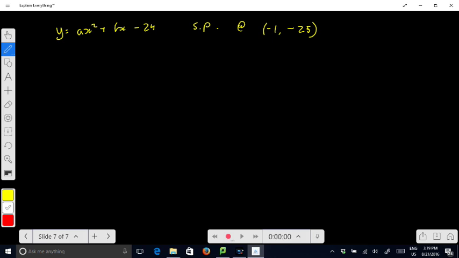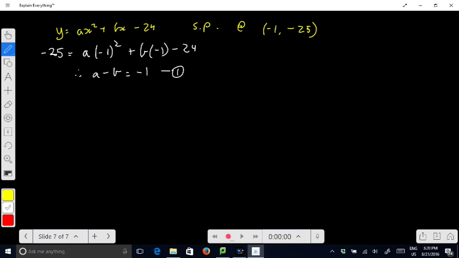So we can say -25 equals a times (-1)² plus b times -1, take 24. If I rearrange it and solve it a bit, I get a - b equals -1. So I'll call that equation 1.